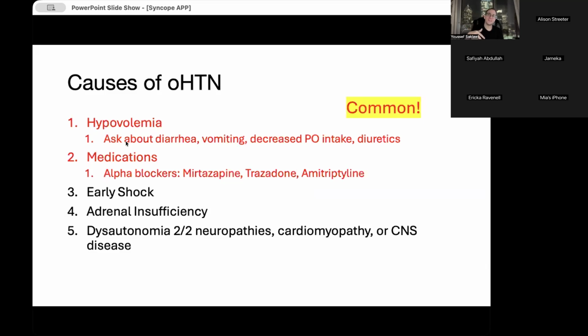I don't want to give them a liter and then come back the next day and they're still orthostatic, and I'm not sure whether it was hypovolemia, was it something else, did I give them enough fluids? So I want to adequately resuscitate them so that on day two, if they're still orthostatic, I know I need to think of something else. I give the 2 liters to be confident enough that they're sufficiently resuscitated before I move on to the other etiologies. So 2 to 3 liters will give me peace of mind that I've exonerated hypovolemia as a cause of orthostatic hypotension. That's a really good question.